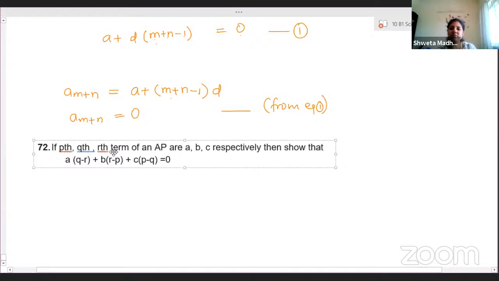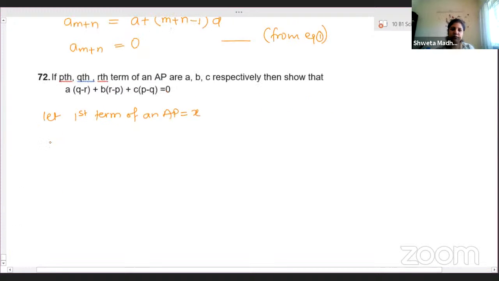We will consider x. So let the first term of an AP be x. And then we can continue. The pth term a_p is equal to a, a_q is equal to b, and a_r is equal to c.